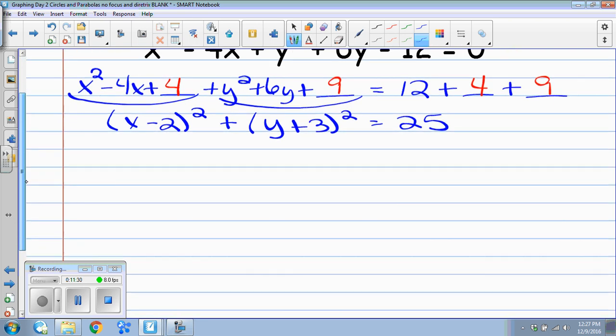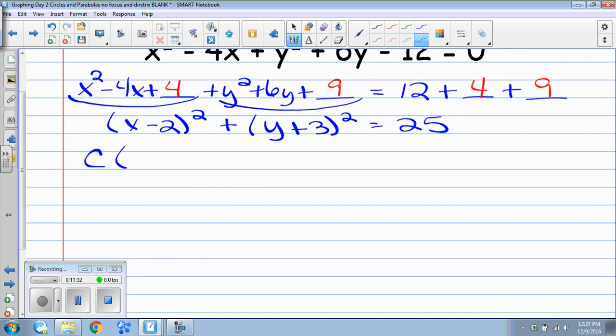So my center is 2, negative 3. My radius is 5, because you have to take the square root of that, because that radius is already squared. Now, you don't have to graph it to tell me the domain and range. We learned how to do that. You take your x value, add and subtract your radius. That gives you the domain.